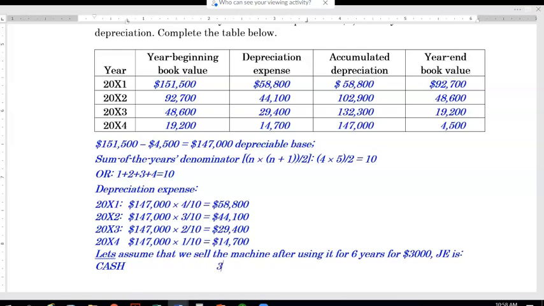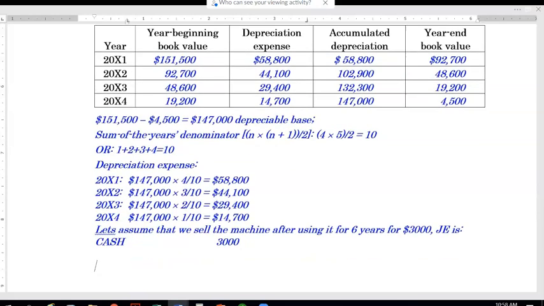We got $3,000. I like that. But I know that I need to close two T accounts. I need to close the equipment T account, and I need to close the accumulated depreciation equipment T account.